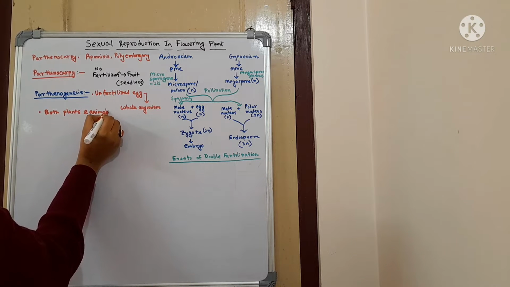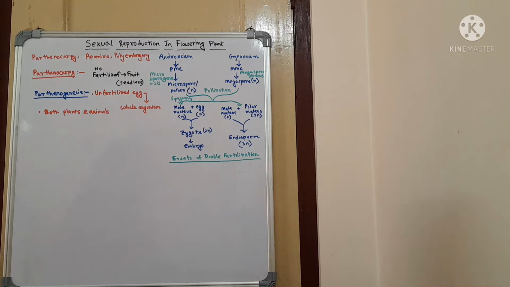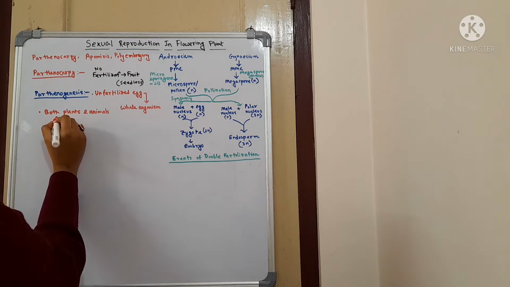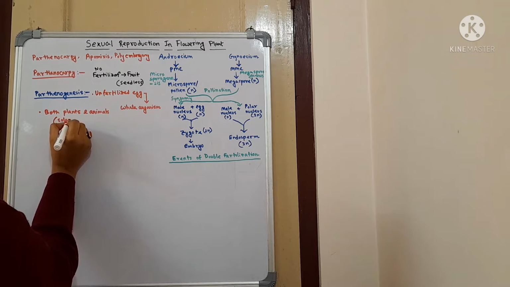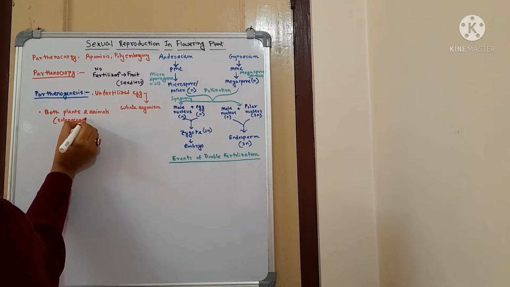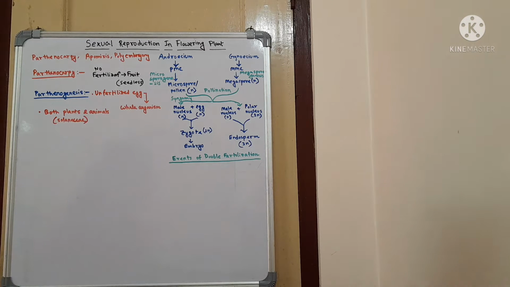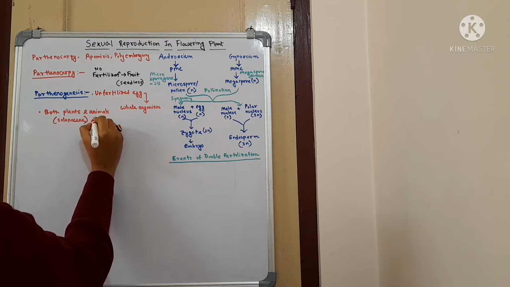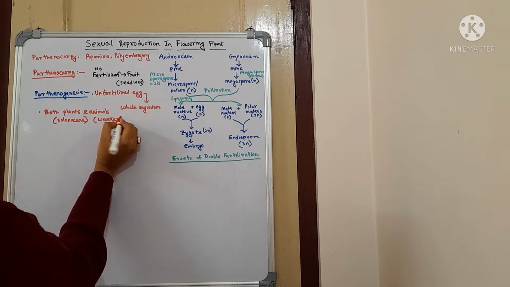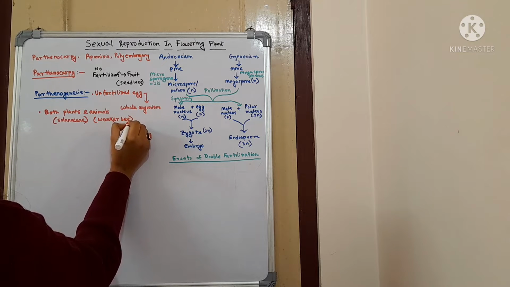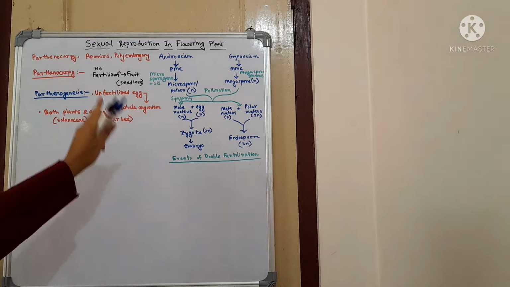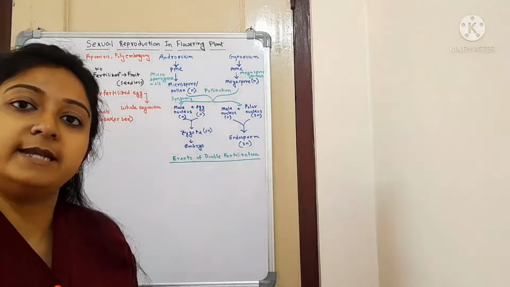What are the examples of plants and animals in this case? We can consider the family Solanaceae, which shows parthenogenesis. And in case of animals, we can take the example of the worker bee or the drones. This is a very common example in case of animals.